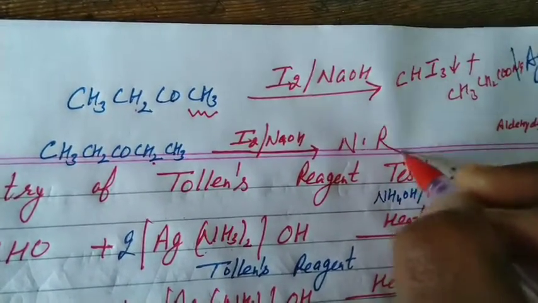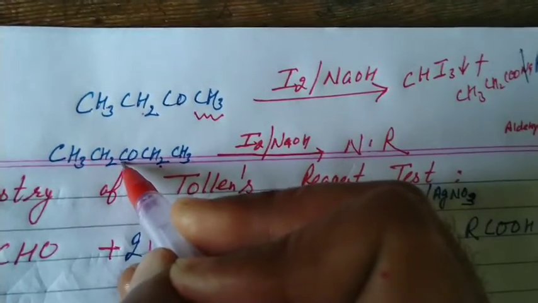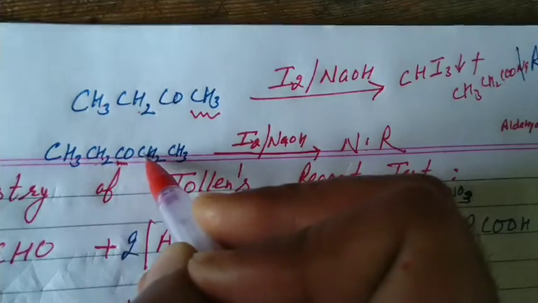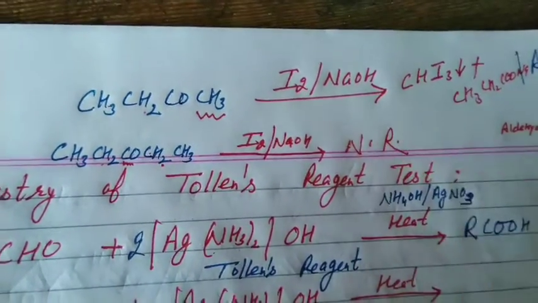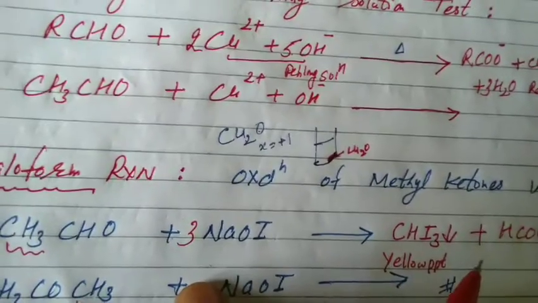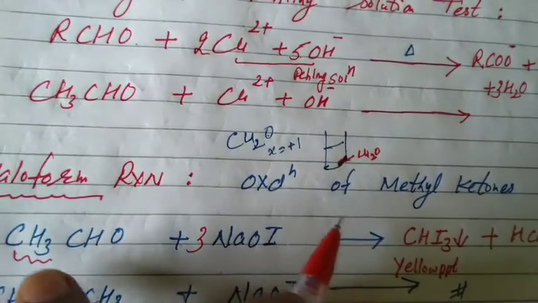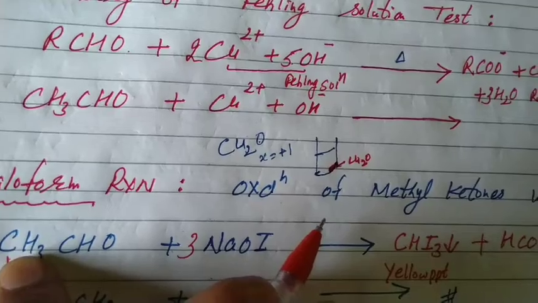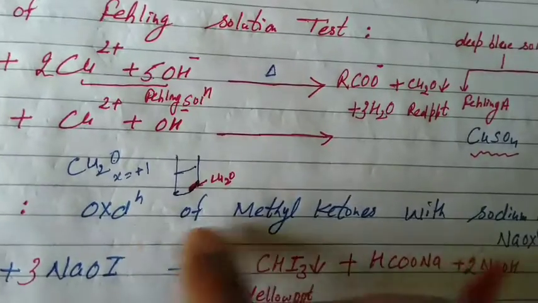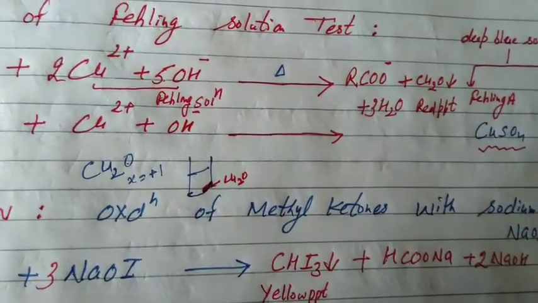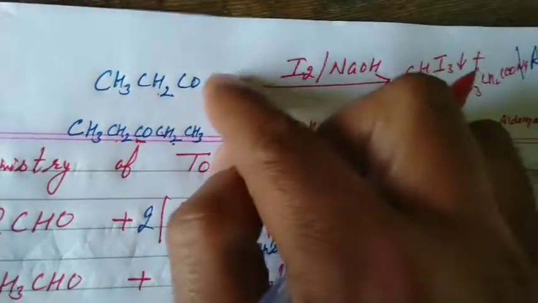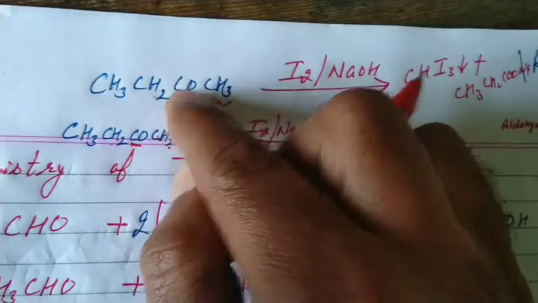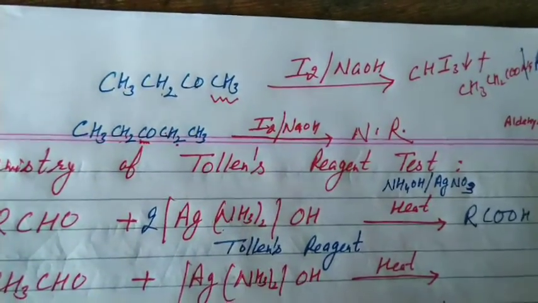No reaction, because the carbonyl carbon is not in direct link with a methyl group. The methyl group is not adjacent to the carbonyl carbon, so it will not happen. That's the condition for the haloform reaction: the carbonyl carbon must be in direct link with a methyl group. That's the reason we write oxidation of methyl ketone with sodium hypohalite. If the methyl group is adjacent to the carbonyl carbon, it will form iodoform and oxidize to CH3CH2COONa, the sodium salt of propanoic acid.